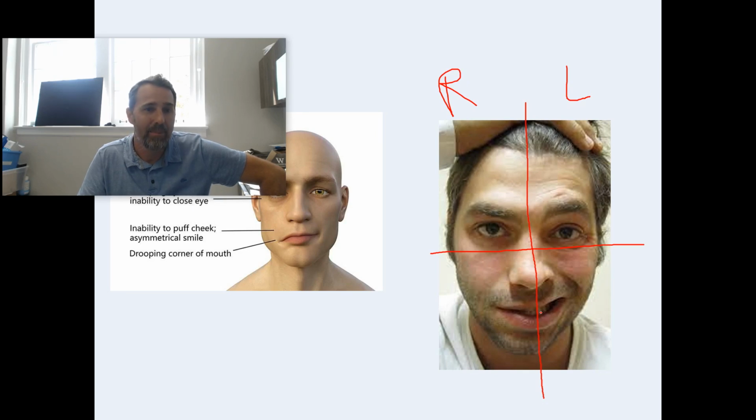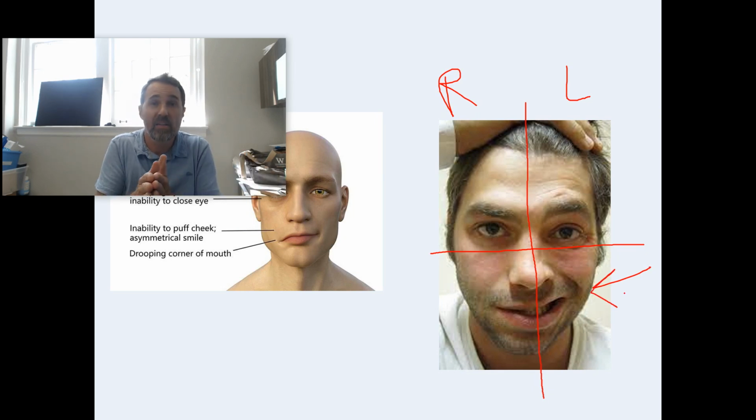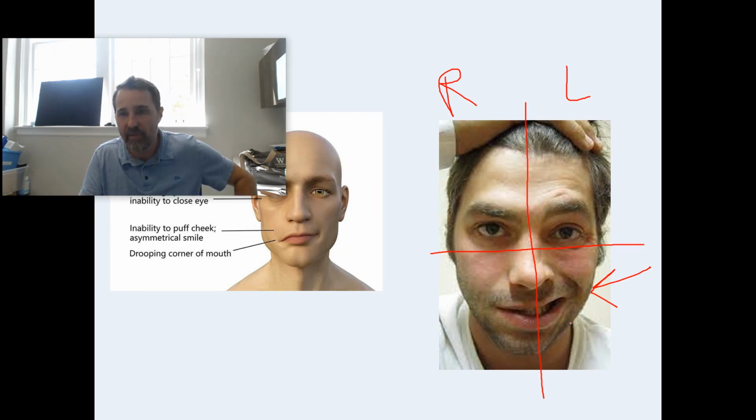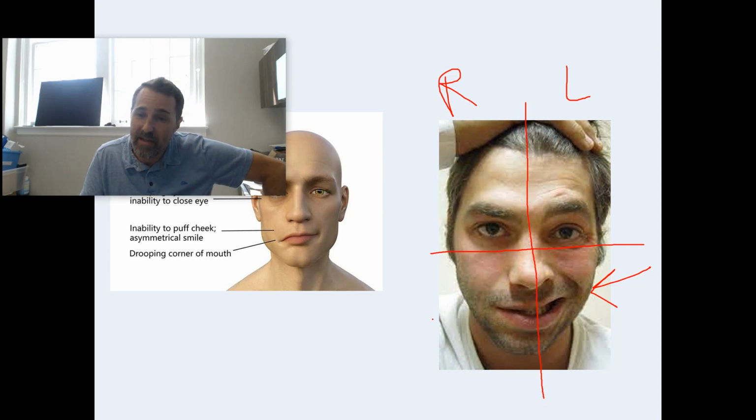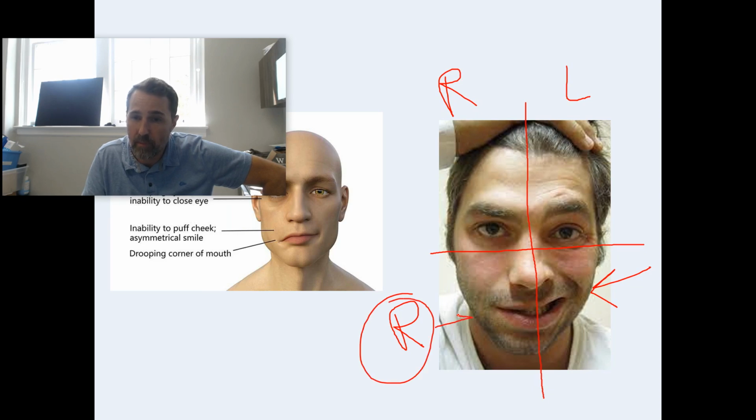The mouth, upon retraction, is deviating towards the strong side. So whereas the tongue deviates towards the weakened side upon protrusion, the mouth, when you smile, pulls to the strong side. So the mouth deviating to the left indicates that there's a right weakness of the lips.